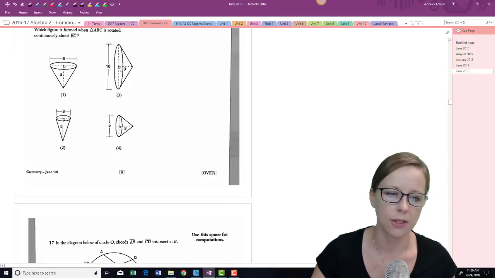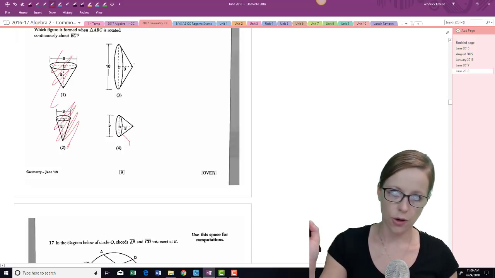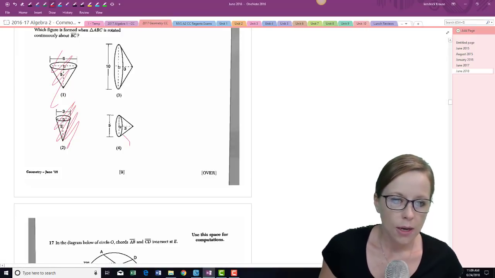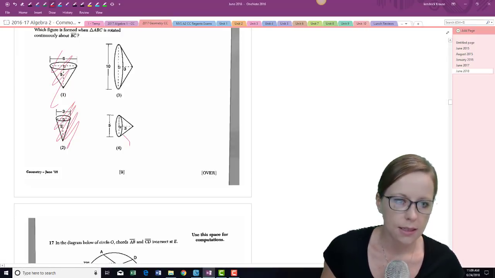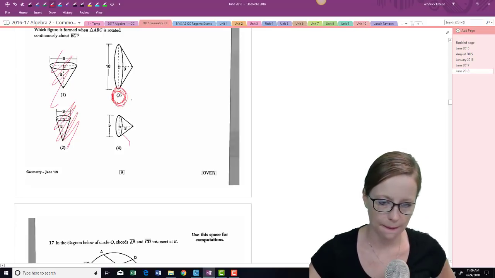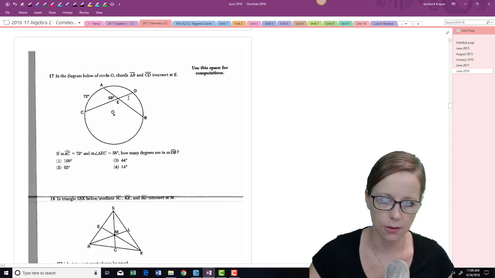Well, the diameter is 10 then. So you know it's not 1 or 2 because those are vertical, and we know it's sort of a horizontal. So this has a radius of 5 there, and this would have only a radius of 2.5. So it's got to be choice 3. Hopefully you didn't do that wrong, you know?